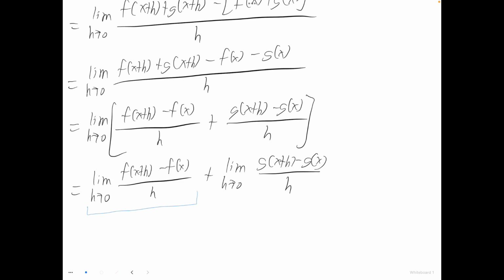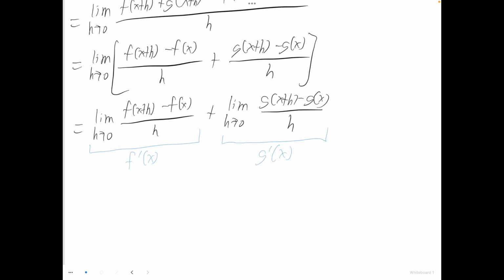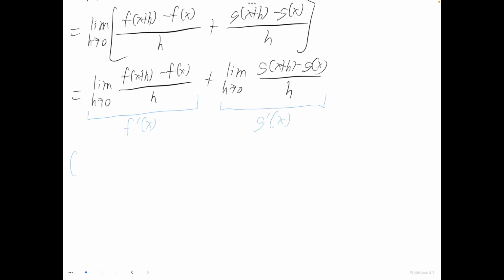And this right here is f prime of x, and this piece right here is g prime of x. So what we found is that f plus g prime of x equals f prime of x plus g prime of x. So as claimed, we can split up the derivative over addition.